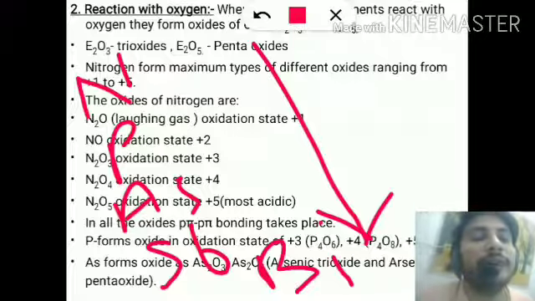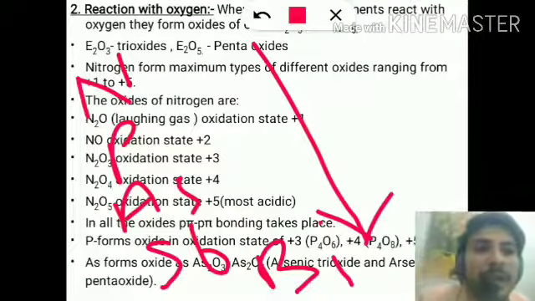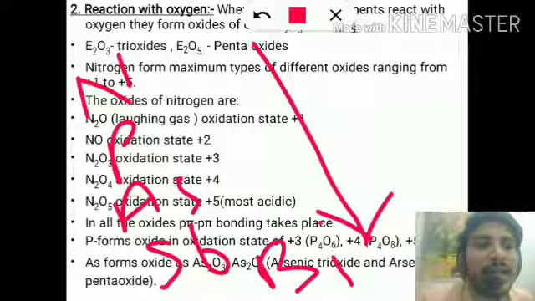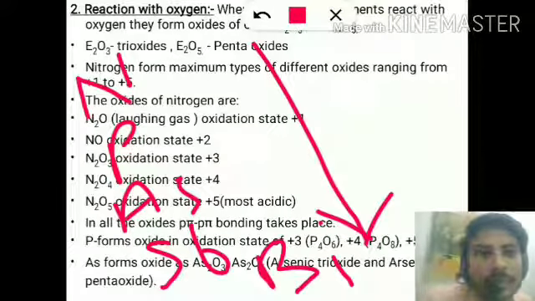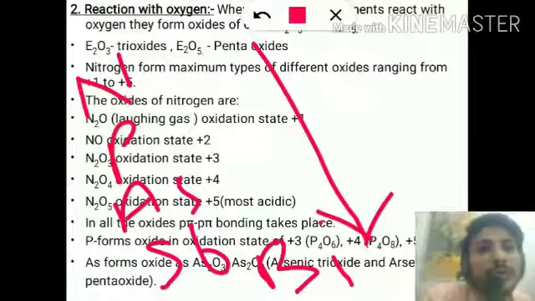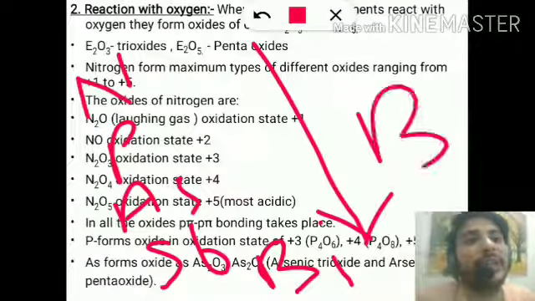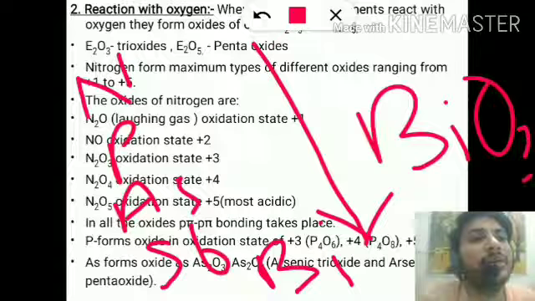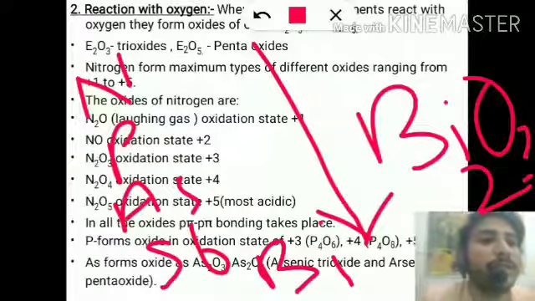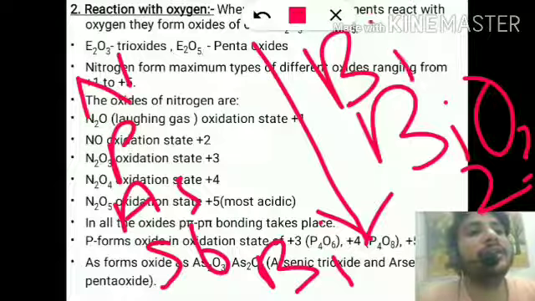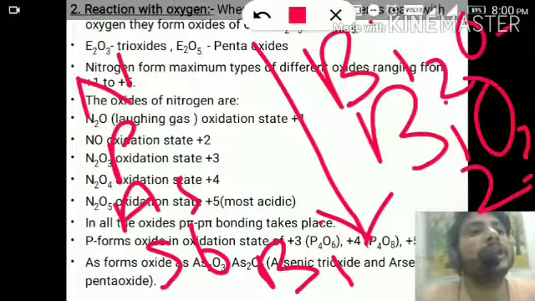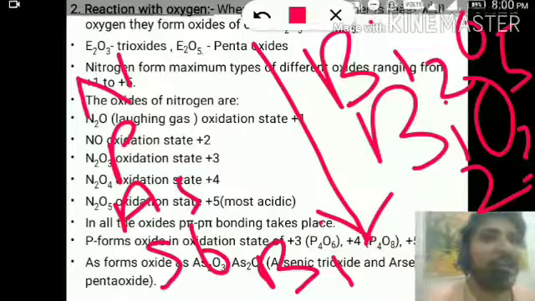That's why the last element shows the +3 oxidation state. So bismuth trioxide, Bi2O3, is highly stable compared to bismuth pentoxide, because the +3 oxidation state is highly stable.